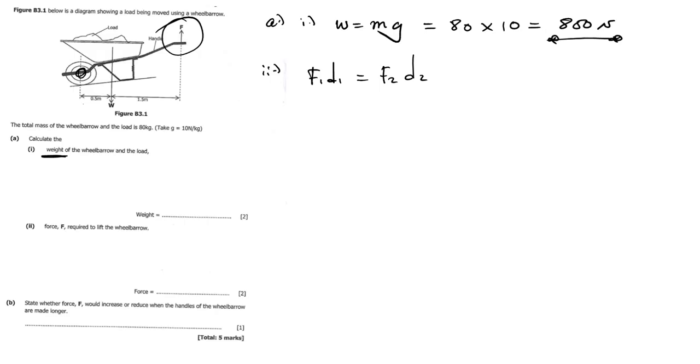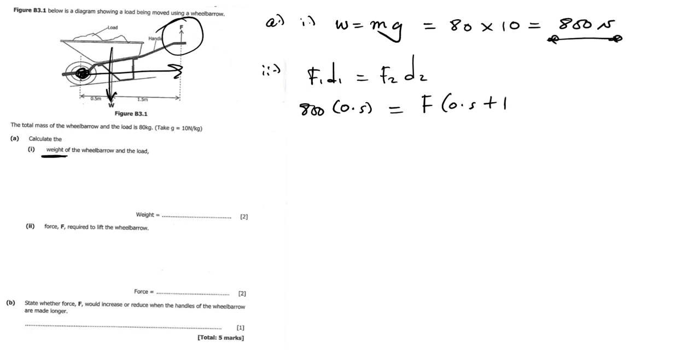So the first force is the weight, which is the weight of the wheelbarrow and the load, and that is 800, times the distance from the pivot to the weight, which is about 0.5, is equal to the force in question that we're looking for, F, times the distance from the pivot to where the force is, which is 0.5 plus 1.5.